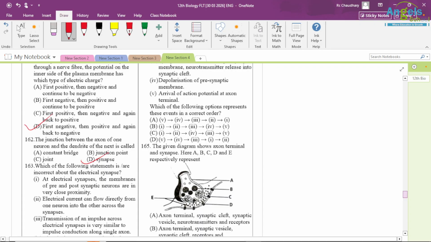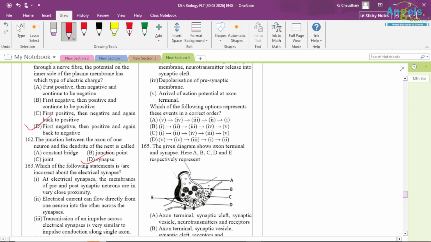Okay, so at an electrical synapse, the membranes of pre and post are very close in proximity. Correct statement. Electrical current can flow directly from one neuron to another. Correct. Transmission of impulse across an electric synapse is very similar to conduction in a single axon. So again it is all correct.